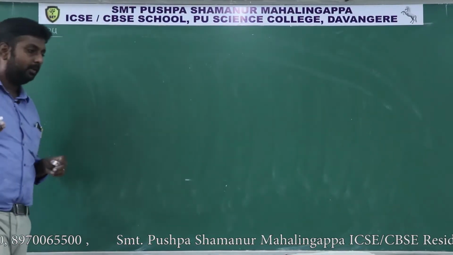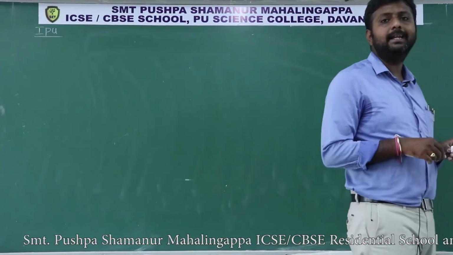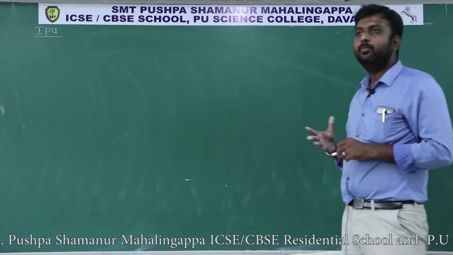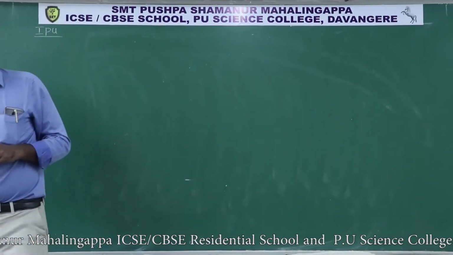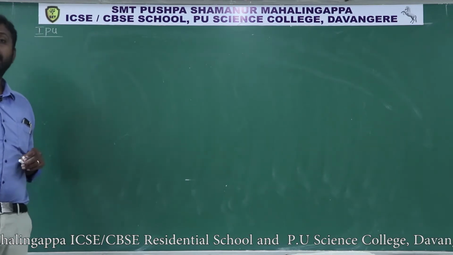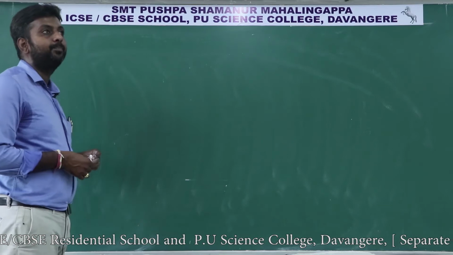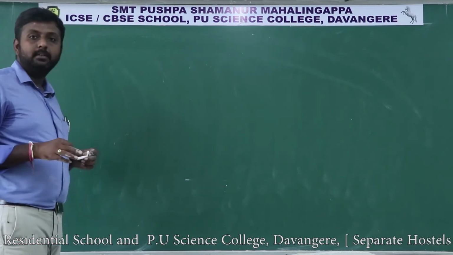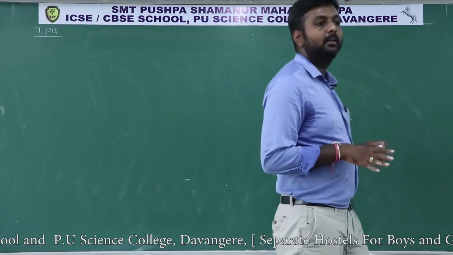Then one question that many exams ask: out of steel and rubber, which is more elastic? Which shows the elastic property more? The answer is steel is more elastic than rubber. Why?